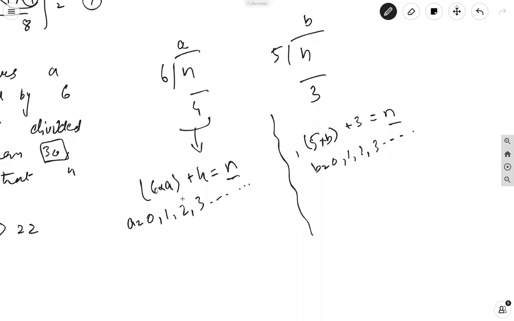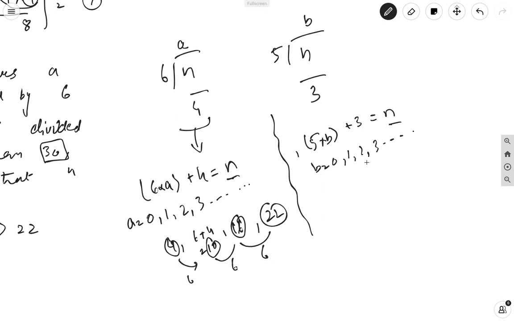If A is 0, n will become 4. If A is 1, this will be 6 plus 4 equal to 10. If A is 2, this will become 12 plus 4, 16. If A is 3, this will become 22, right? So there's just addition of 6 in each.